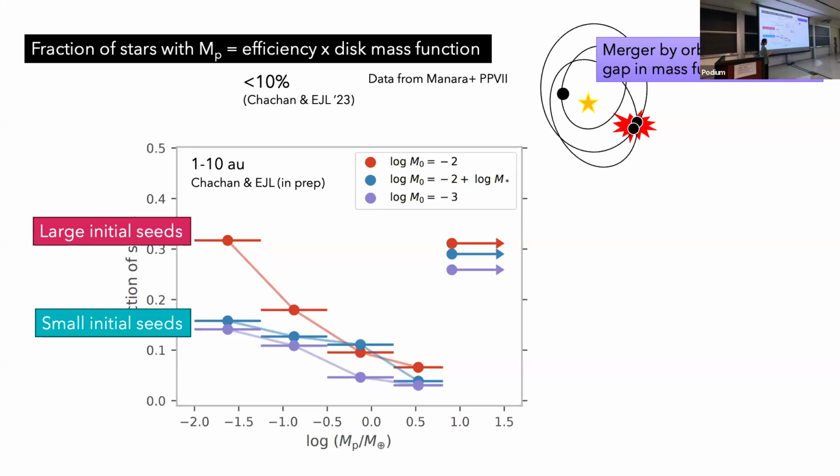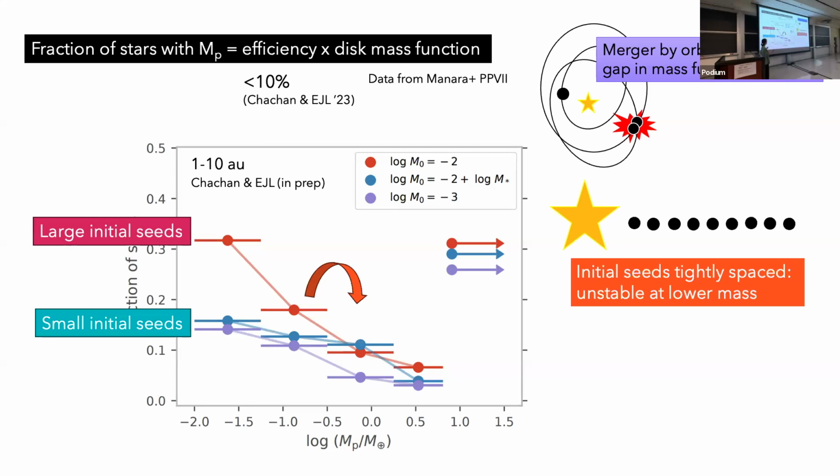Now, that merger process can cause a gap in this mass function, because you're going to have small planets all merge together, sort of pairwise mergers, and it's going to jump up to the next mass bin. And in fact, where exactly the gap might occur can tell you something about the initial spacings of these protocores.